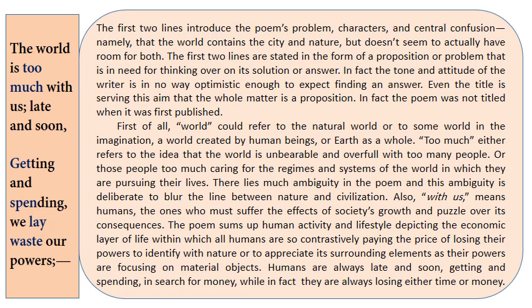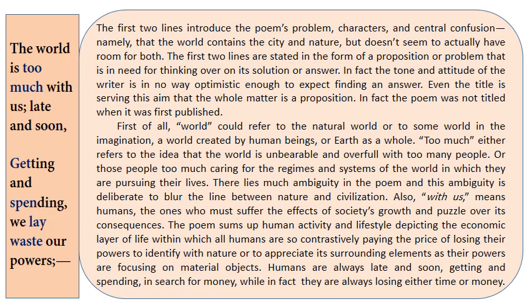With us means with the humans, not only the speaker, not only the people he is talking to, the readers, but also all humans, the ones who must suffer the effects of society's growth and puzzle over its consequences. Here it means that all humans are suffering because of the societal regimes and the growth of societies, and they are puzzled.